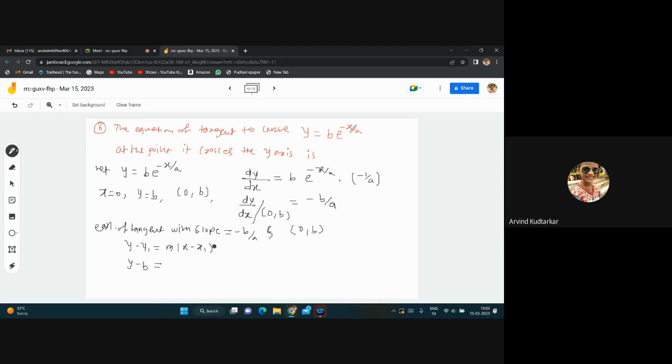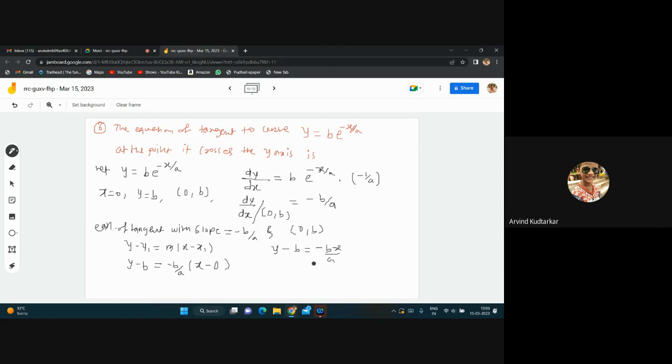Slope is minus b/a, into (x minus x1). So what is the x coordinate? 0. So y minus b is equal to minus bx upon a. Now how to write this in simple form?